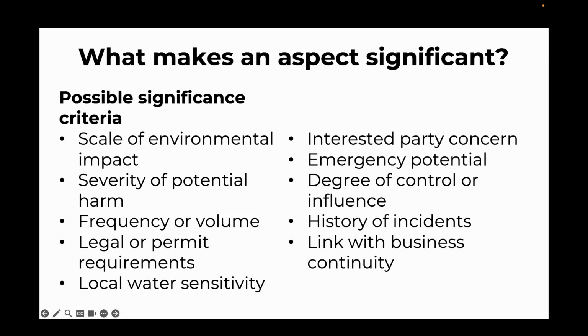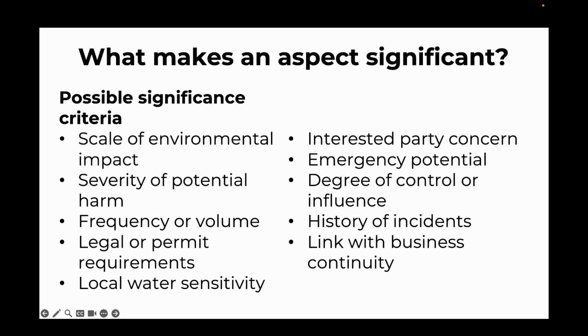Significance is a judgment, but it should not be arbitrary. BlueRiver needs criteria. An aspect may be significant because the environmental impact may be severe. It may be significant because the activity happens frequently. It may be significant because there is a legal requirement or permit limit. It may be significant because the local water environment is sensitive.